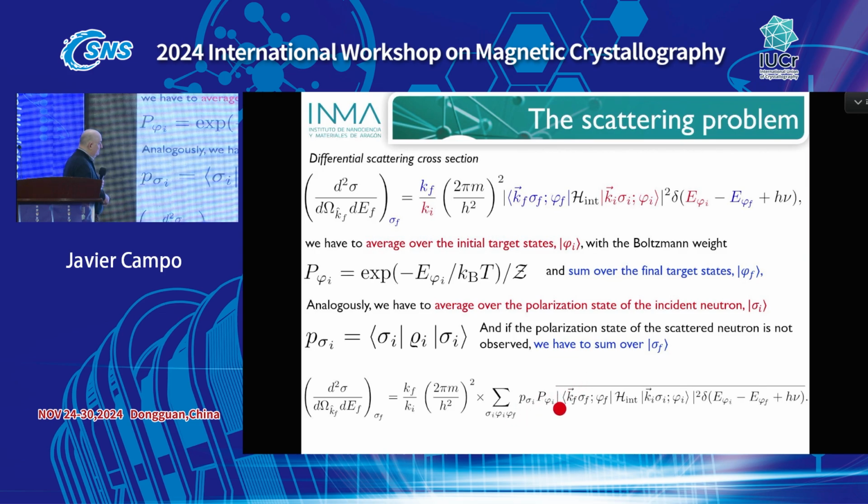And then this bar means that we will average over all the different states that we cannot control, for example the spin of the nucleus or the isotopes, etc. All the things that we don't control are expressed with this bar here.